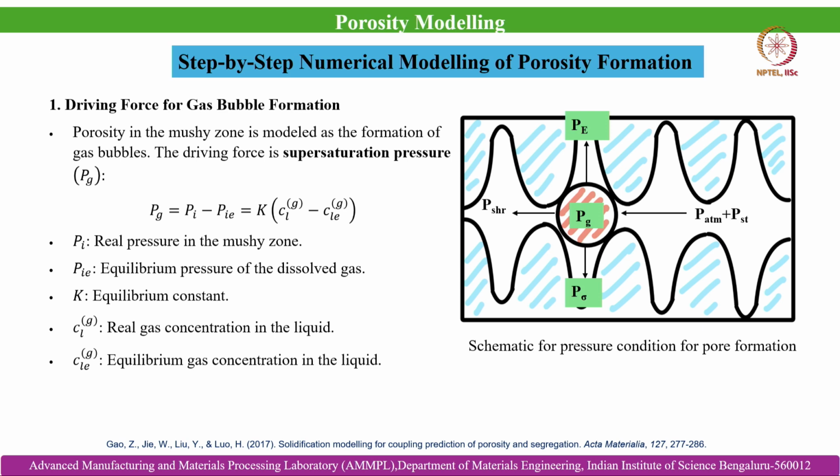If you recall, in one of the initial classes I discussed the sources of gas formation within the solidifying melt, which arise for several reasons. In the case of sand casting, it may be because of the moisture content present within the mold. It may be from the core, because the additives used for core making can generate gases through evaporation and burning.